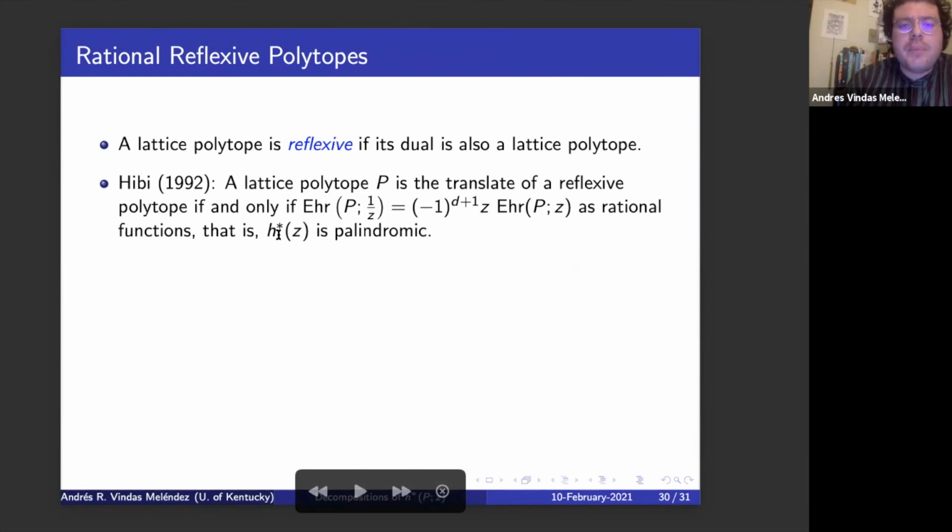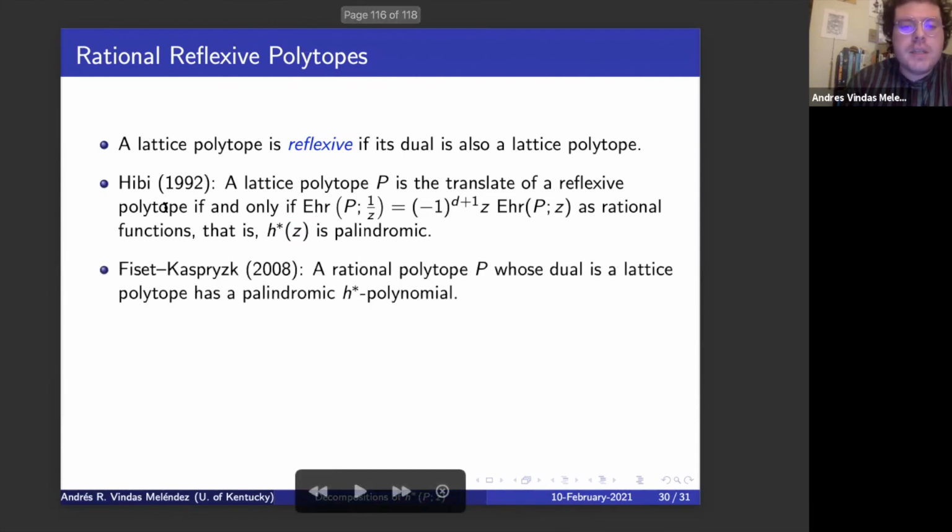In other words, he proved that the H-star polynomial for reflexive polytopes is palindromic, okay? In 2008, Fiset and Kasprzyk proved that a rational polytope whose dual is a lattice polytope has a palindromic H-star polynomial, okay?